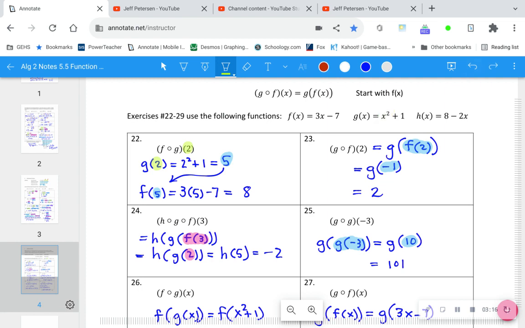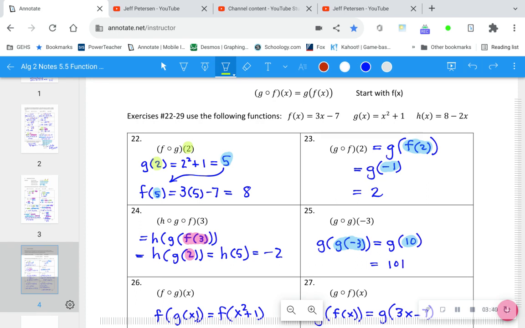Okay, so we're going to come on down here to problem 24. And I've got h circle g circle f. So it's hard to read, that h o g o f, I guess you'd say. But you start with the one that's on the right. So f of 3, you figure that one first. So come up here and go 3 times 3 is 9, minus 7 gives 2.